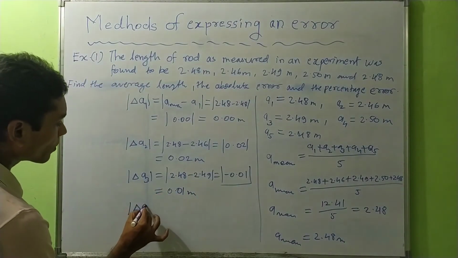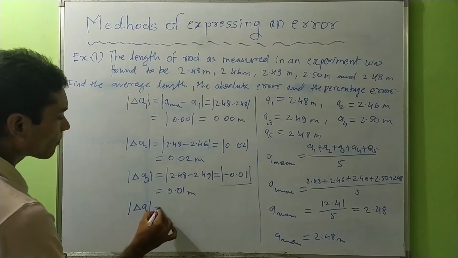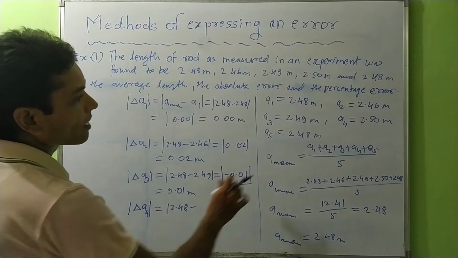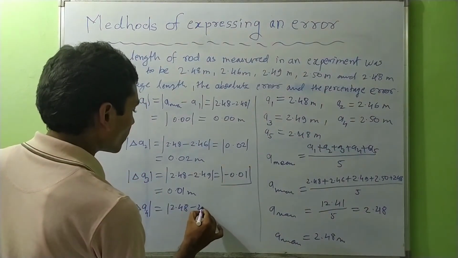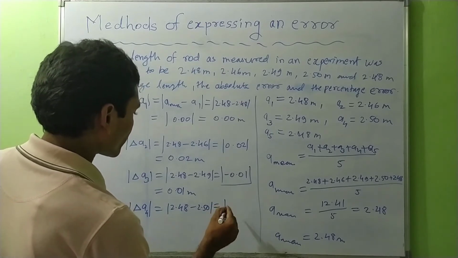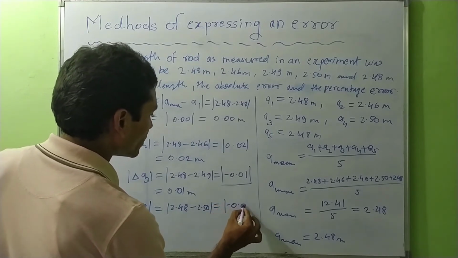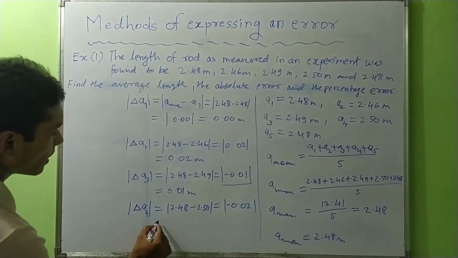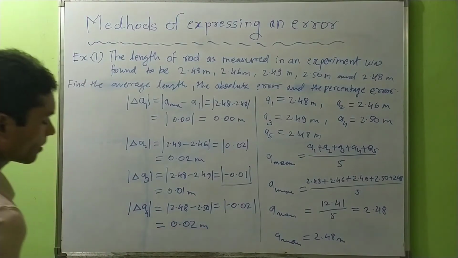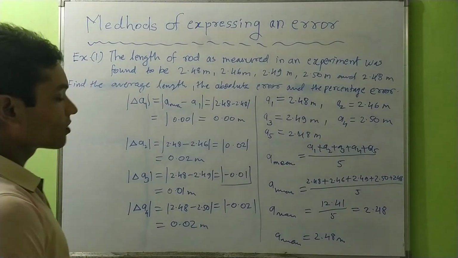And the fourth absolute error will be modulus del A4. It will be equal to the mean value 2.48 minus the fourth reading 2.50, which is minus 0.02, and it will be equal to 0.02 meter. So this is the fourth absolute error.